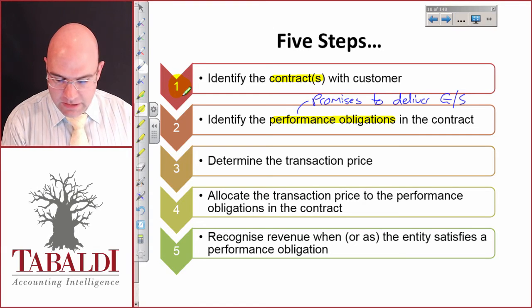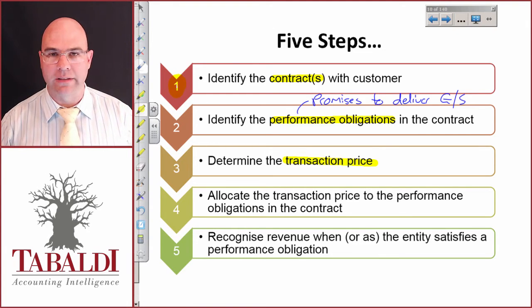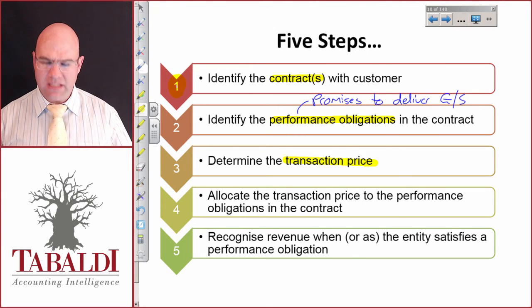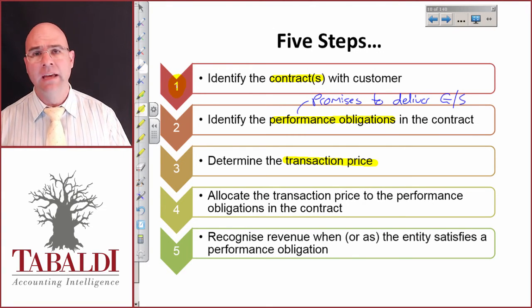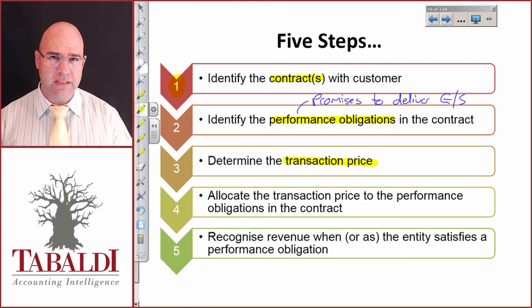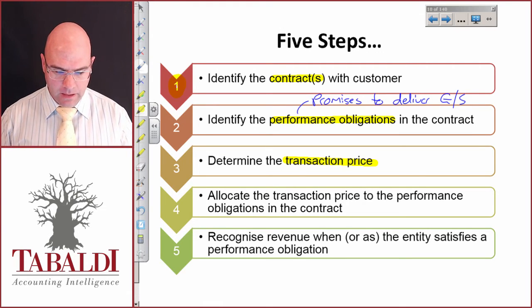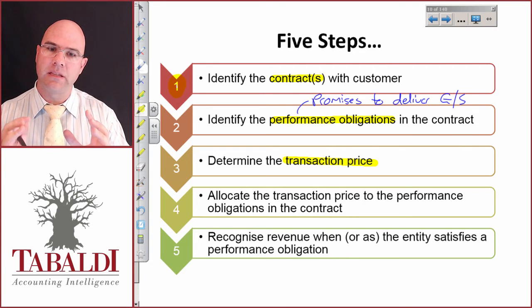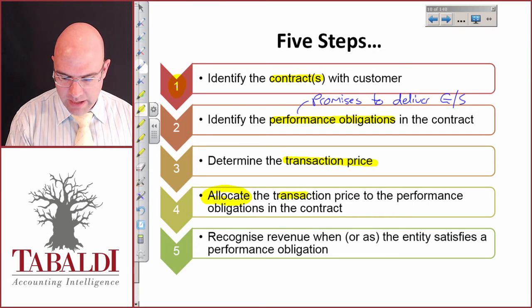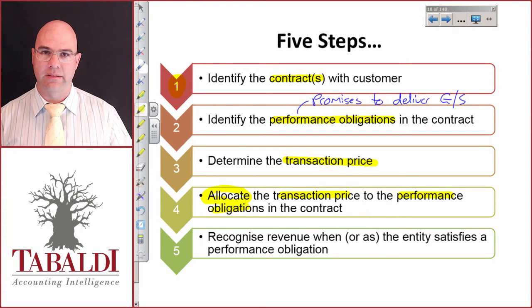Step number 3 is determine the transaction price. That is not necessarily the price that's on the contract. You've got to take into account things like time value of money, variable consideration, right? There's a couple of things and we'll deal with them in detail. Then once the transaction price has been determined, you will have to allocate that transaction price to the specific performance obligations in the contract.